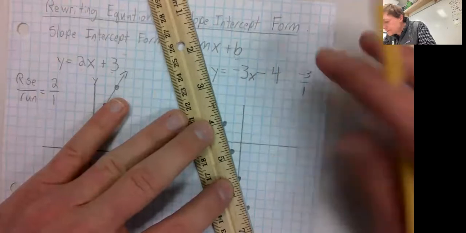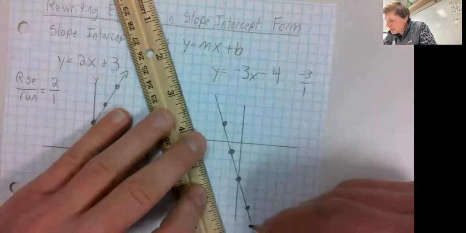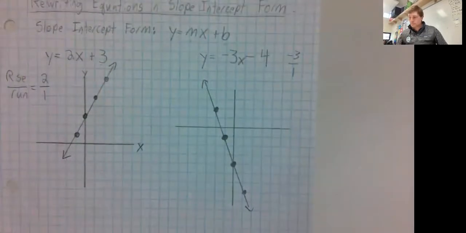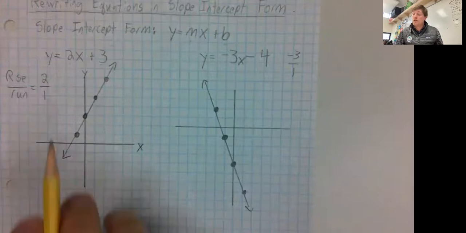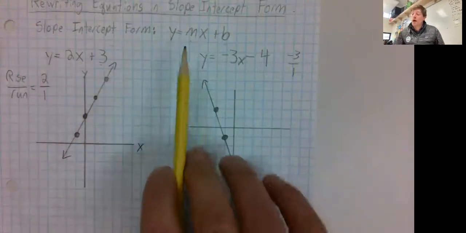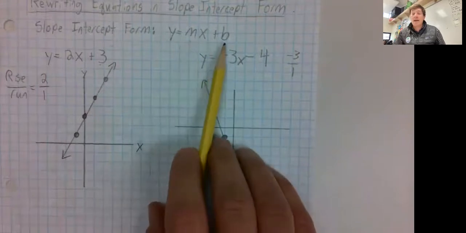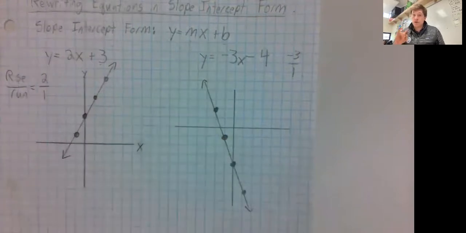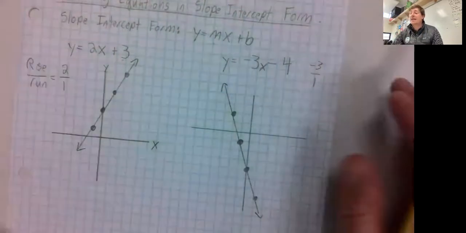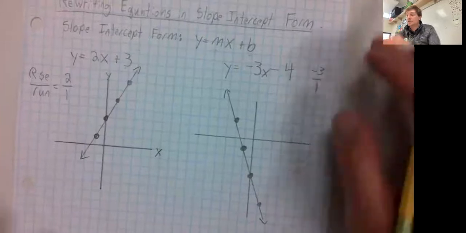Connect my points, draw my arrows, and I'm done with that one. So this is just a quick refresher in how useful slope-intercept form is for us, where our slope is given and our y-intercept is given. And with those 2 points, we can plot any line. It's not always going to be that easy, and that's what today's lesson is all about.